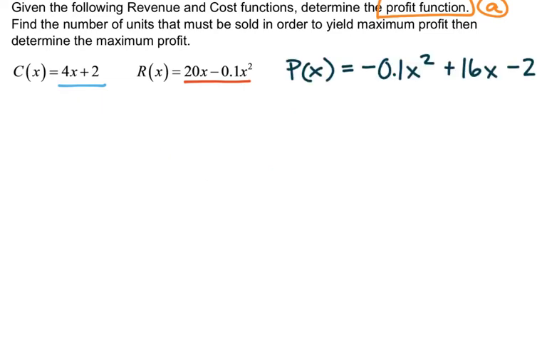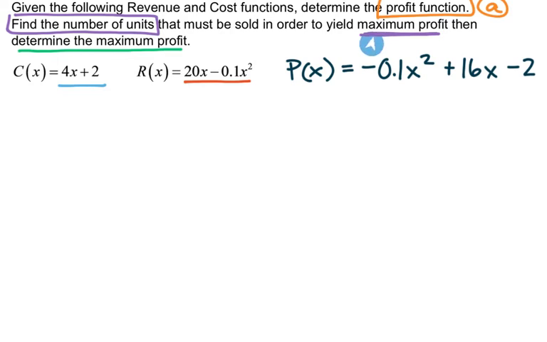So for part B, we need to find the number of units that must be sold in order to yield a maximum profit. And then once we've done that, we will look at determining what the maximum profit is. The first thing we're going to do is find that number of units.